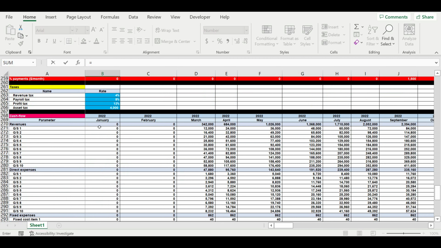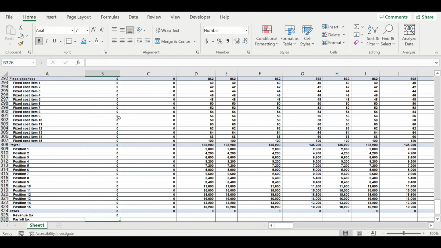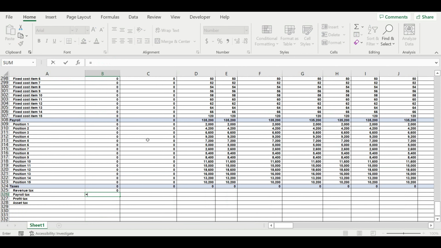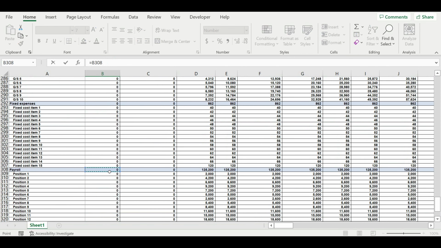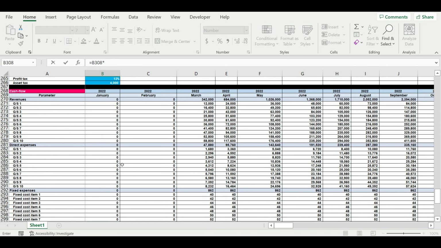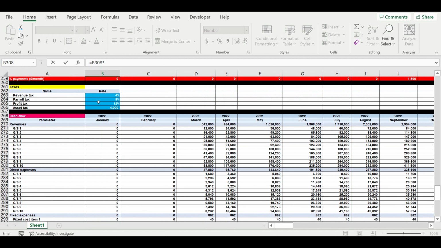We're taking revenues and multiplying by the tax rate. Then payroll tax, we are taking payroll, multiplying by the payroll tax rate.